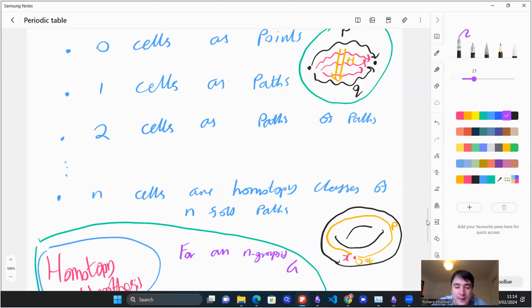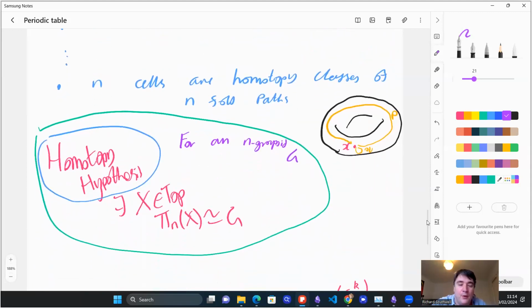And a reason this is a lovely thing to do is this really magical hypothesis here. This is called the homotopy hypothesis. What it says is that if you have an n groupoid G, then you can find a topological space X that has its fundamental n groupoid equivalent to G. This is a really beautiful idea because it's basically saying that if you want to study n groupoids, you can do it all through topology.